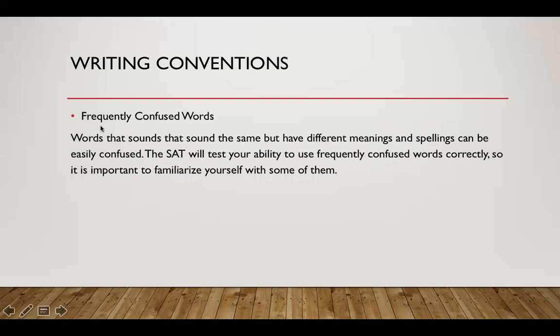Frequently confused words. Words that sound the same, but have different meanings, and spellings can be easily confused. The first example that comes to my mind is the word to. T-O, T-W-O, and T-O-O. So T-O, I go to the store.